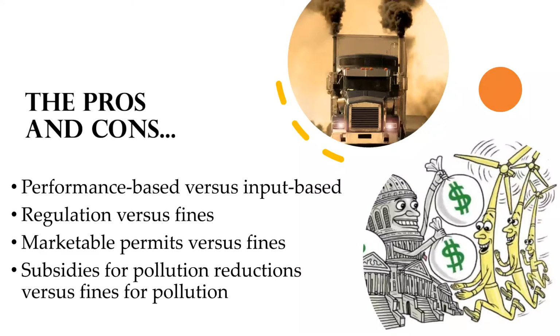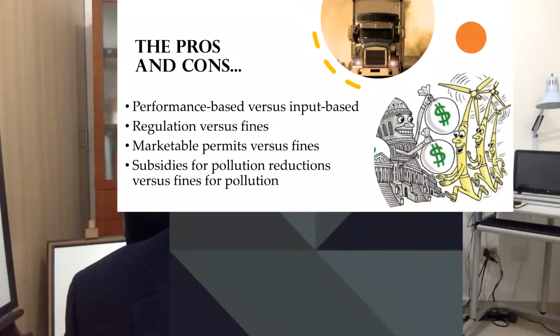Should we subsidize the research and development, or the production of cleaner technologies? These are all the ways that we, as society and the public sector, can internalize the externalities. The problem is you have pros and cons for every one of these. They're not perfect, and they all themselves, by the way, produce externalities.